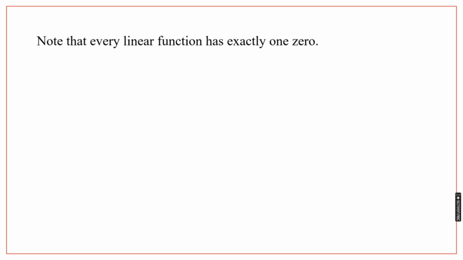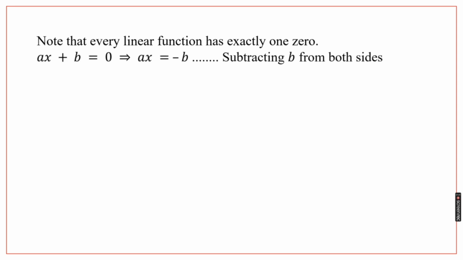Yes, because we can get the value of x from ax plus b equals 0. So ax equals minus b, which means moving b from the left side to the right side, it will change its sign. It was positive on the left, then it will be negative on the right.